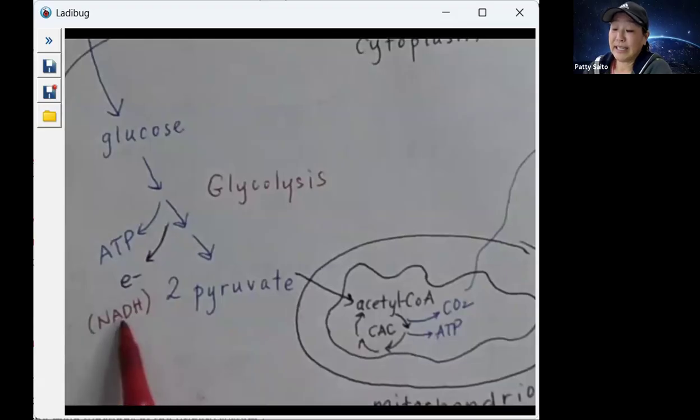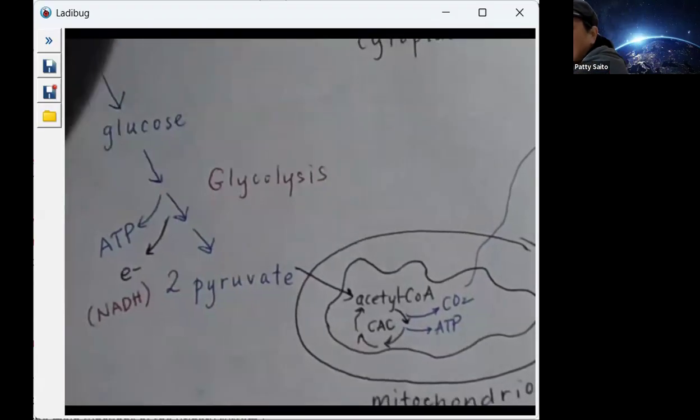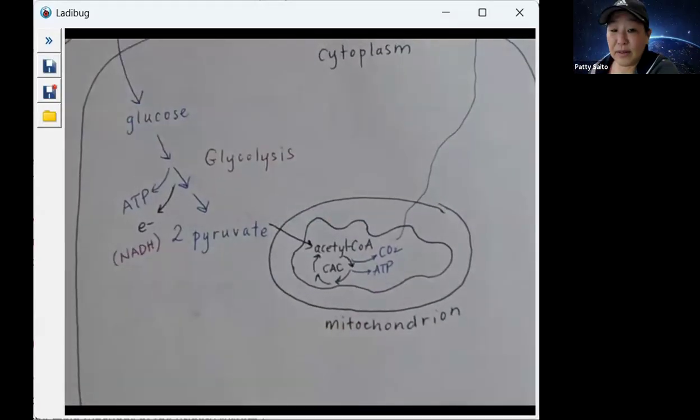So there are electrons in this molecule, and it acts as what we call a carrier molecule to carry the electrons around. And we'll see where they go in just a moment.